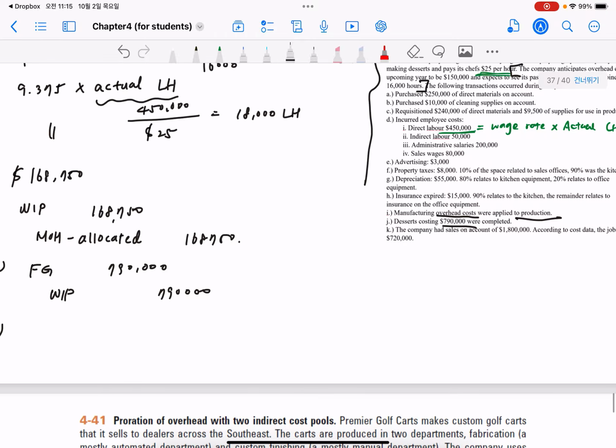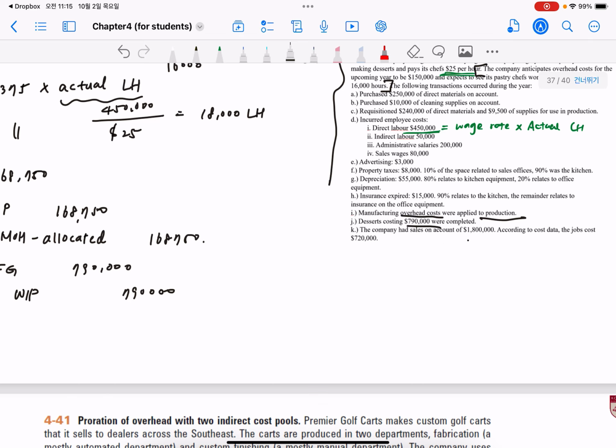Lastly, we have the company generating sales of $1.8 million and the job cost $720,000. So this is the COGS. Once you generate sales revenue, based on the revenue expense matching principle, you have to incur the COGS right away.